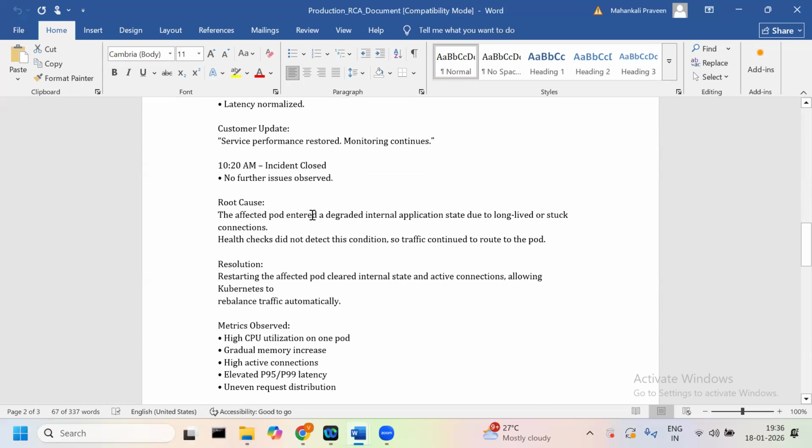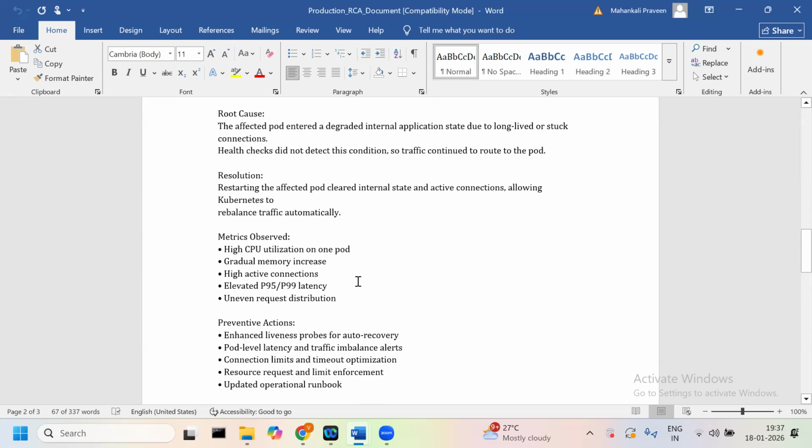The affected pod entered a degraded internal application state due to long-lived or stuck connections. The health checks did not detect this condition, so traffic continued to be routed to the pod. The resolution: restarting the affected pod cleared the internal state and active connections, allowing Kubernetes to rebalance the traffic automatically. What metrics did we observe?